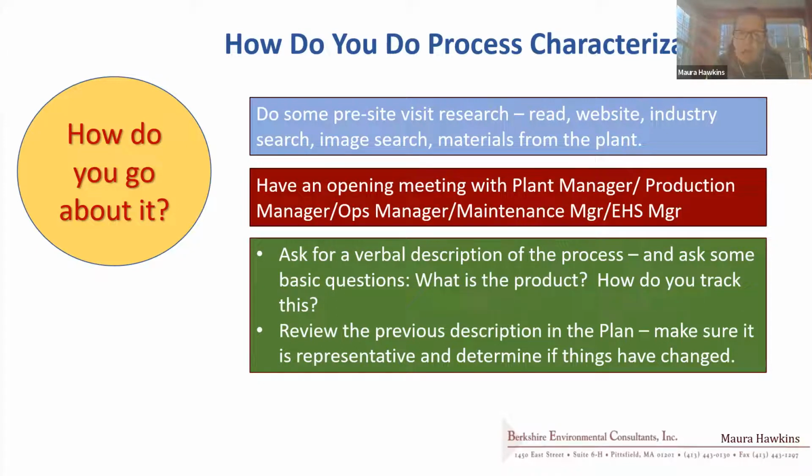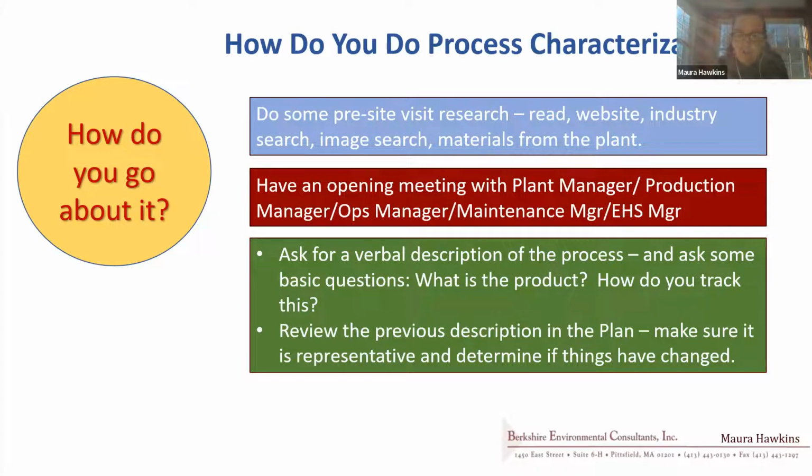But the whole idea of the toxic use reduction process is to make it relevant to the facility. And you have to keep your balance on that all the time, not get too far over into the regulatory aspect of it. It's important, we have to meet all those things, but what's most important to a facility is the relevance to them, either for reducing the cost of toxics or reducing toxics in general.